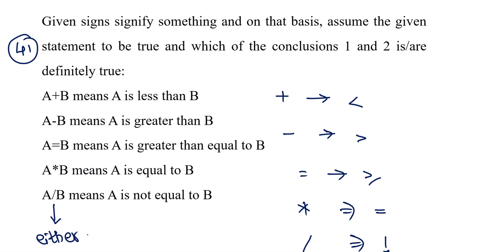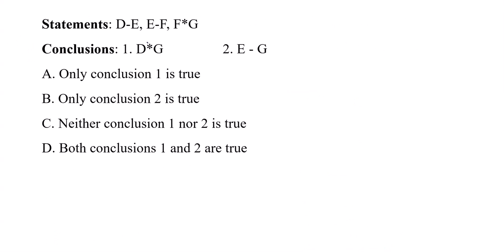There are two possibilities, either greater or less than. Sir, which one to use? First go for the question. It is not equal value, means it can be either greater than or less than. But if you see the question, they did not use that symbol actually. Why worry, right? They did not at all use that symbol.